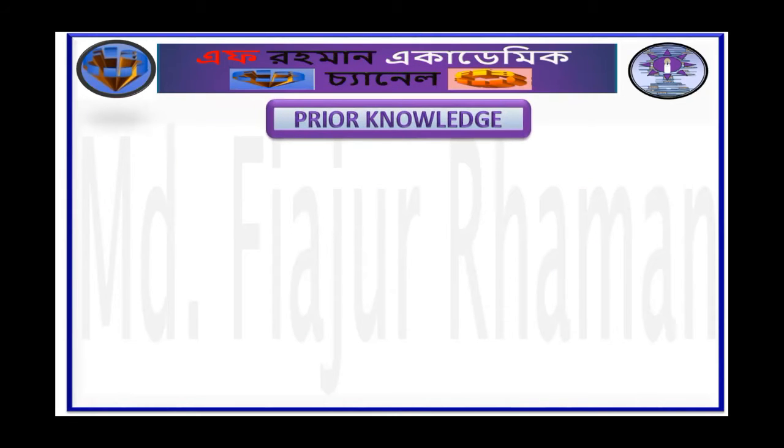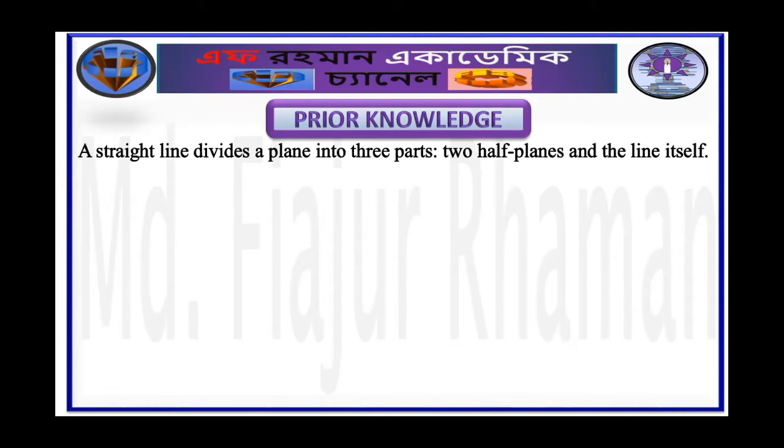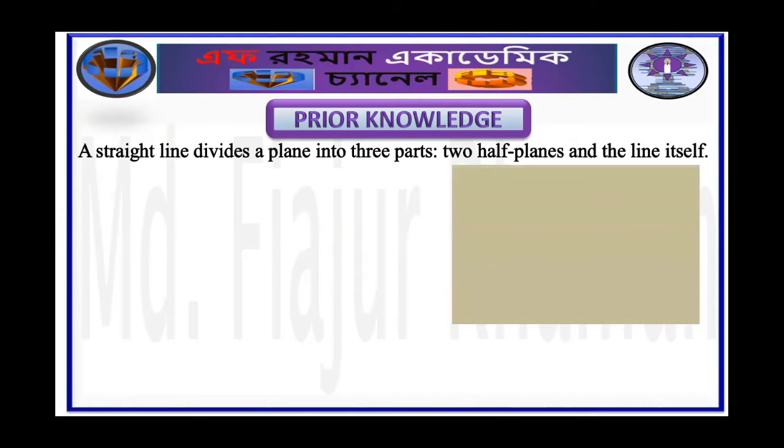Prior knowledge. A straight line divides a plane into three parts, two half planes and the line itself. If you draw a plane and a line on it, then this line is itself one part.